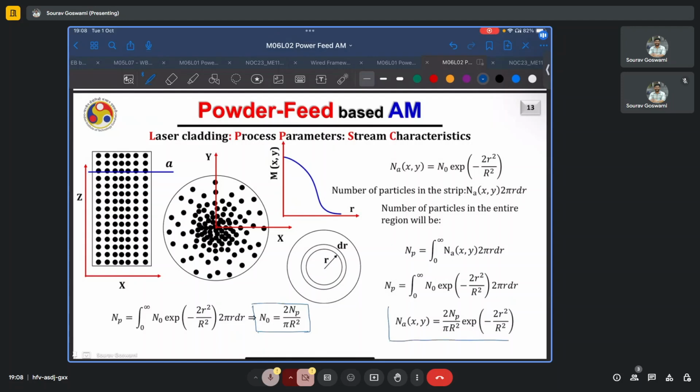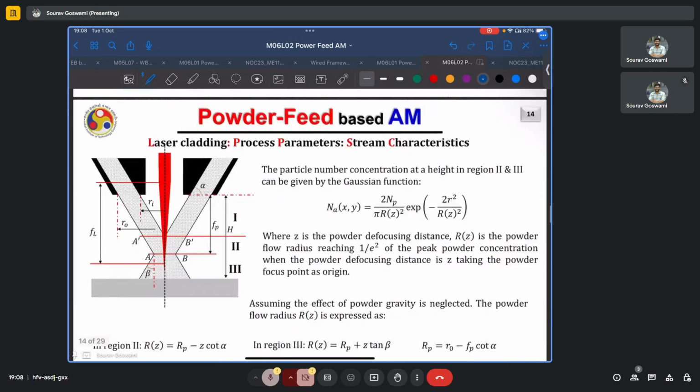The particle density, the number of particles at any point x,y in a slice which is at a height a, is given by 2 Np by pi R square exponential minus 2r square by R square, where Np is the total number of particles in that slice, capital R is the radius characterized by 1 by e square, and small r is the distance at which we are looking. Now, the particle number concentration at a height in region 2 and region 3 can be given by the Gaussian function.